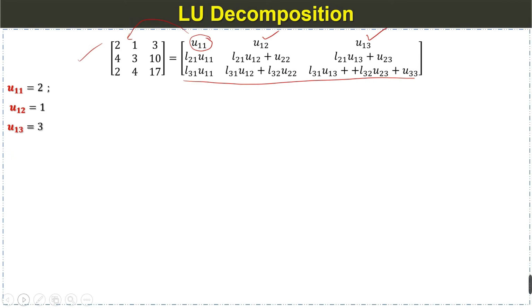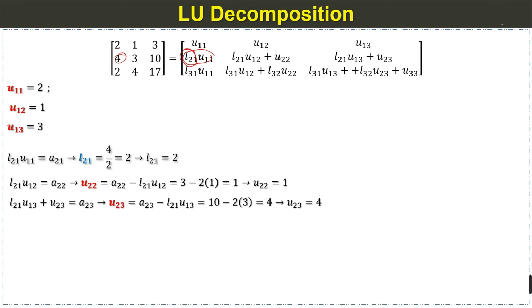Okay, so now we compare the entries of the second row with the entries of the coefficient matrix second row. So we have L21 U11 equal to this one, and from this we will find the value of L21, and similarly from the other entries we will get the value of U22.